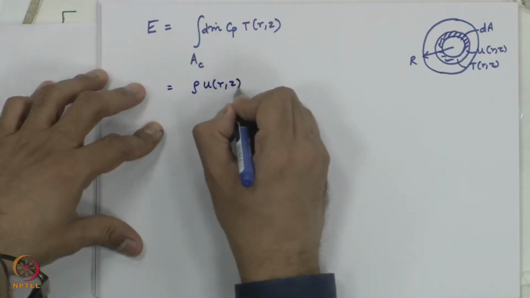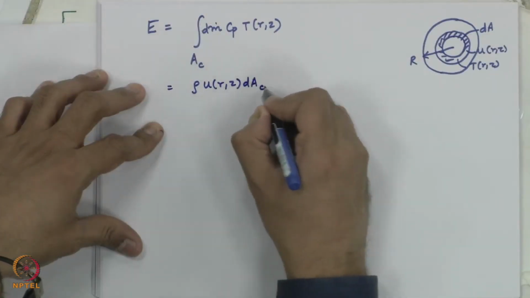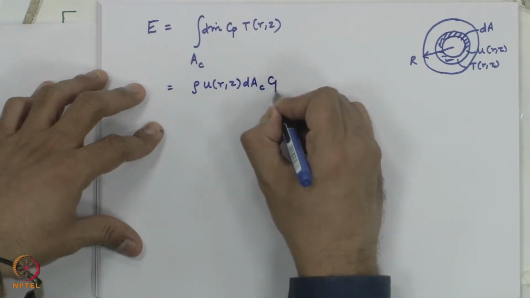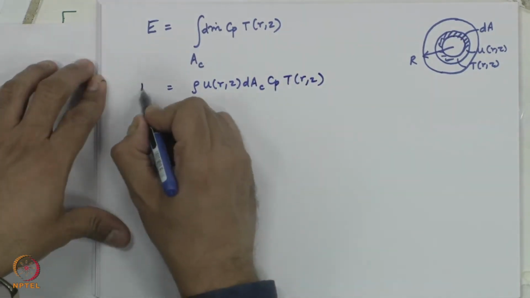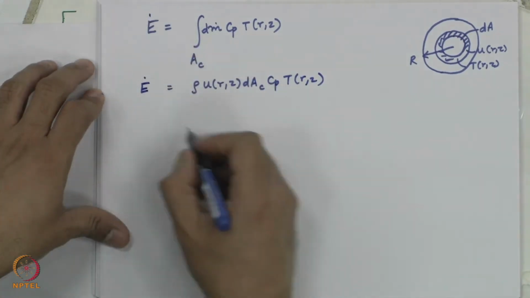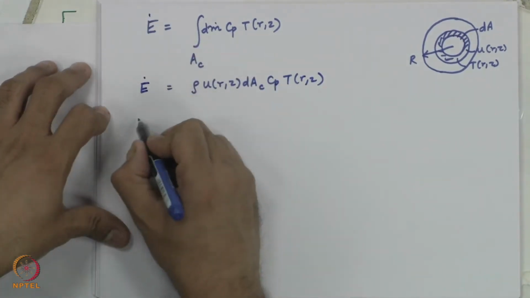So, dm is nothing but rho u of r comma z dA Cp T of r comma z, and this is equal to E dot. So, let me equate from the previous slide.